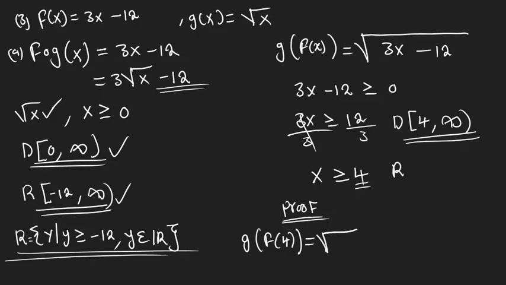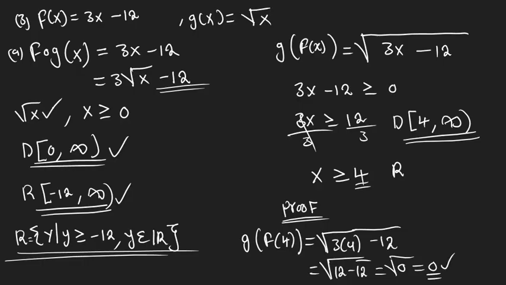Notice that if I put 4 here, minus 12, I'm going to get 12 minus 12, which is going to give me a radical of 0, which is going to give me 0.